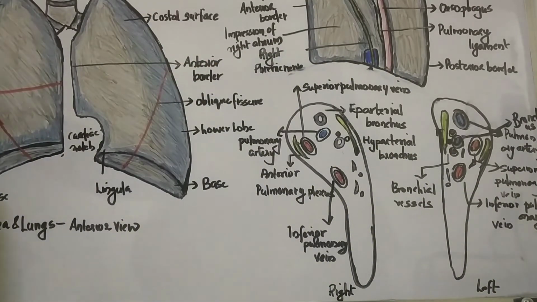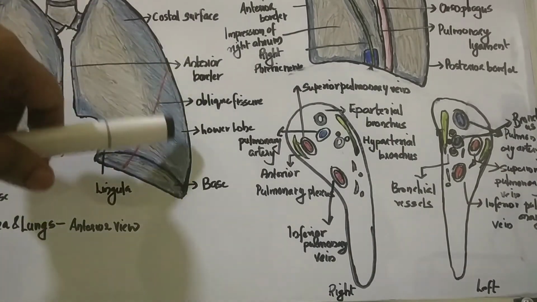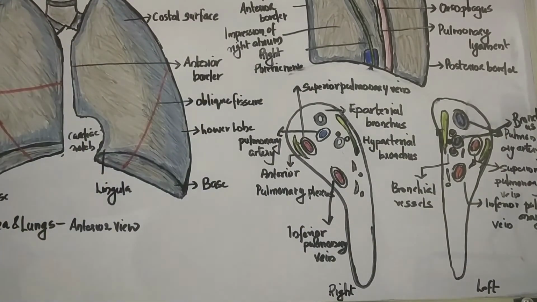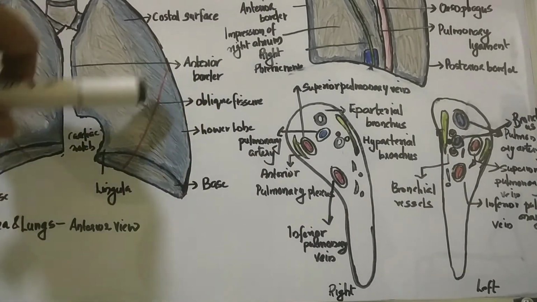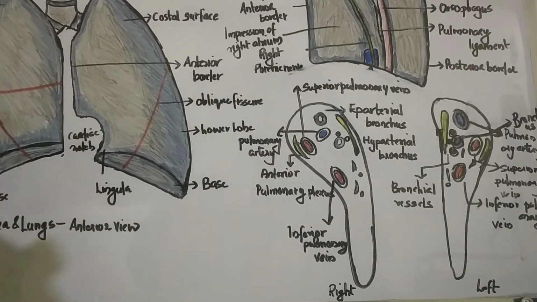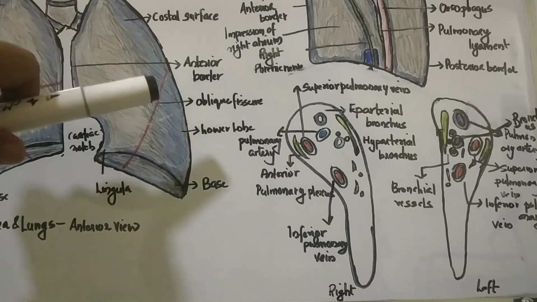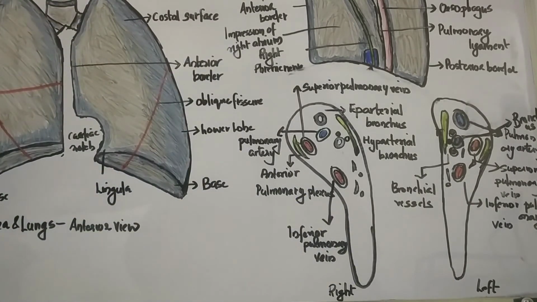So now we will discuss the differences between the right and left lungs. The right lung has 3 lobes. The left lung has only 2 lobes. The right lung has 2 fissures, that is the horizontal and oblique fissure. The left lung has only 1 fissure. The right lung weighs more, around 700 grams, and the left lung is only about 650 grams.